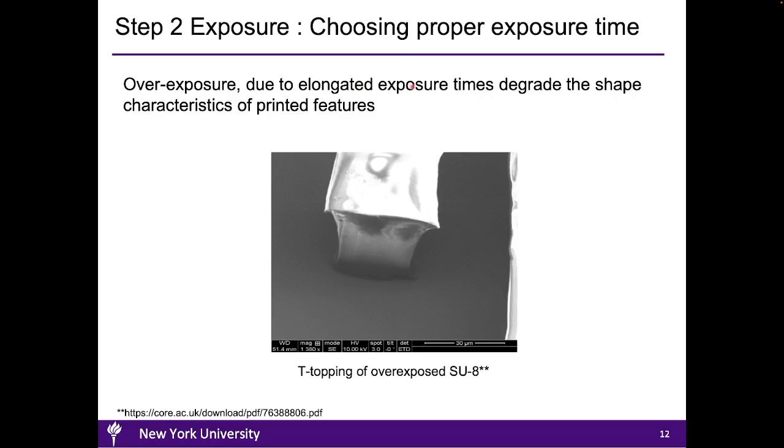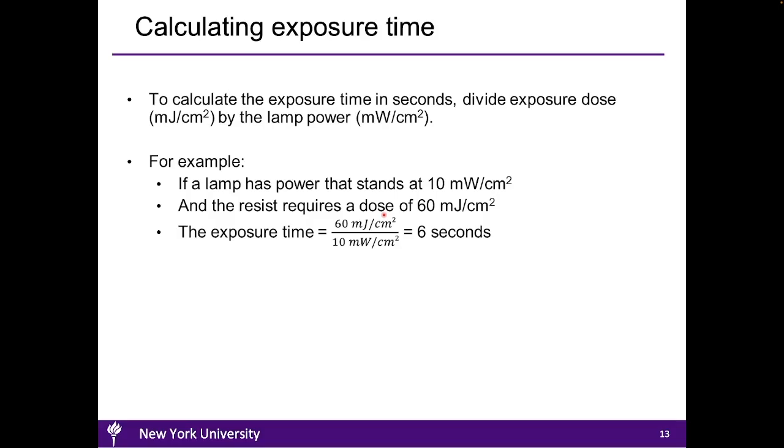Overexposure due to elongated exposure times degrades the shape characteristics of the printed features. The micrograph here shows an example where the overexposure causes the broadening of the features on top portion of the SU8 resist.